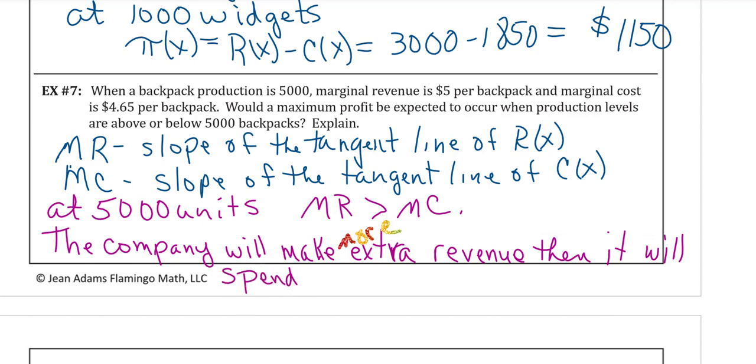Because remember, your marginal revenue is the additional revenue that you're going to have. And right now that's at $5 when you're at 5,000 backpacks. And your marginal cost is at $4.65. So we have more additional revenue than we will spend for additional costs.